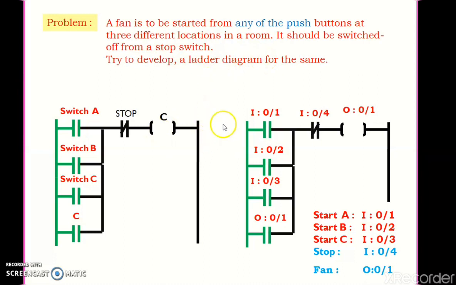In the PLC we will show by numbers like this: input I:0/1, 2 and 3, this input stop switch, and this is the output. Now we will see the animation of the same.